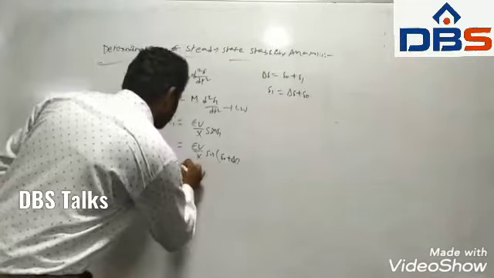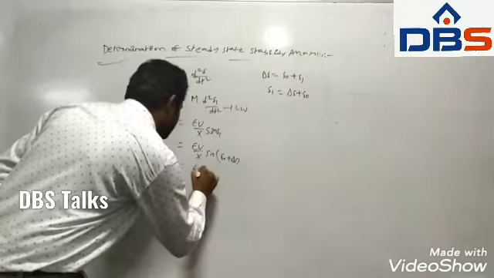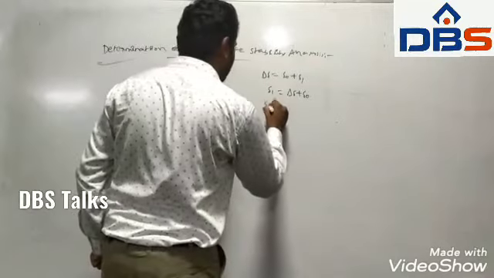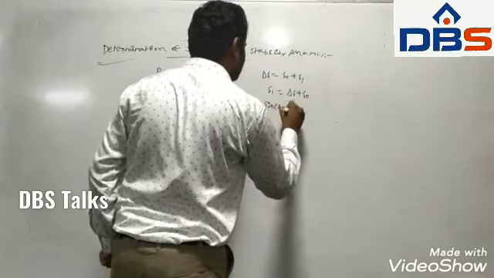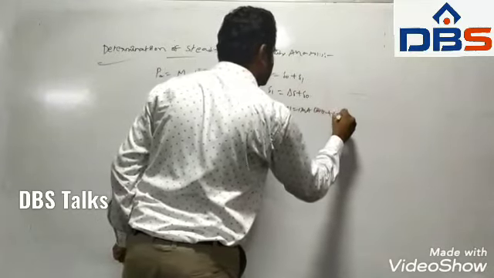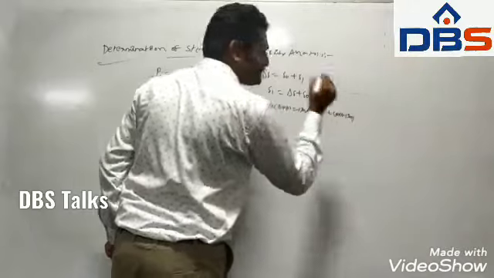By using the sin of a plus b formula, we know that sin of a plus b is equal to sin a cos b plus cos a sin b.